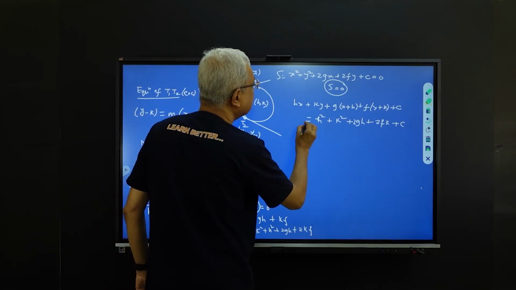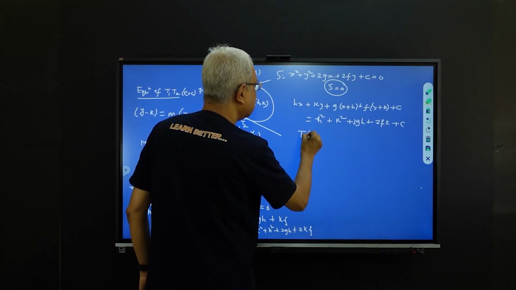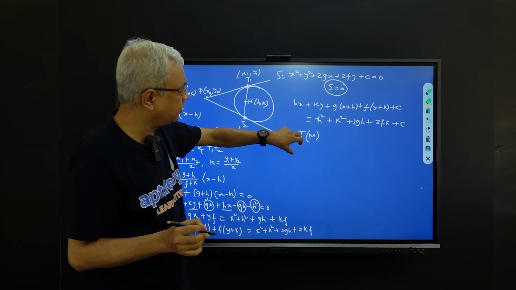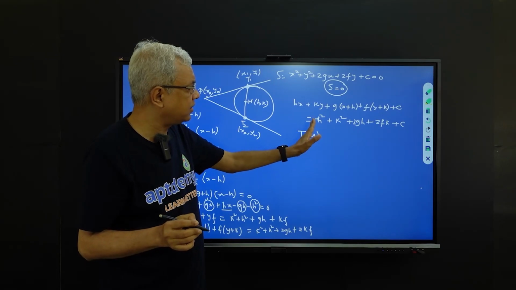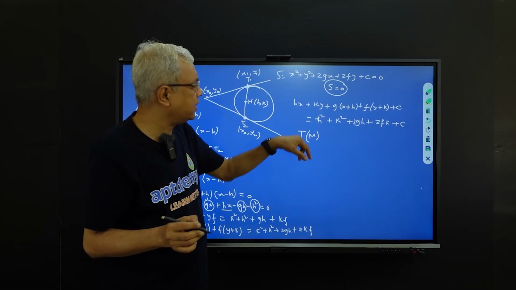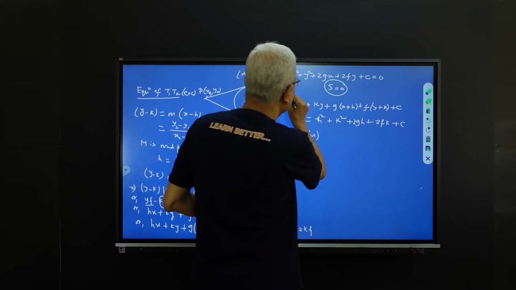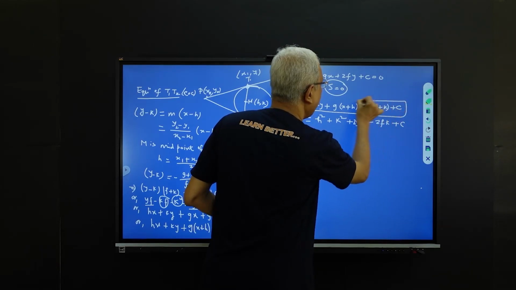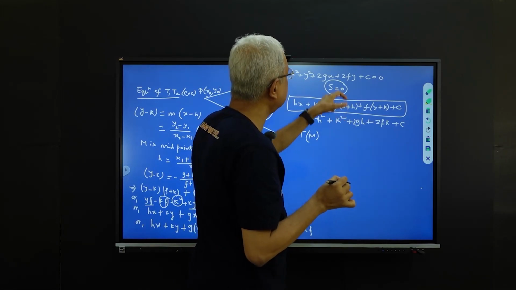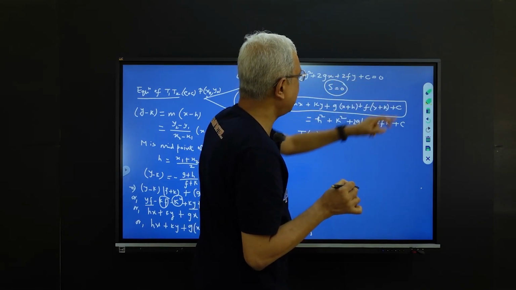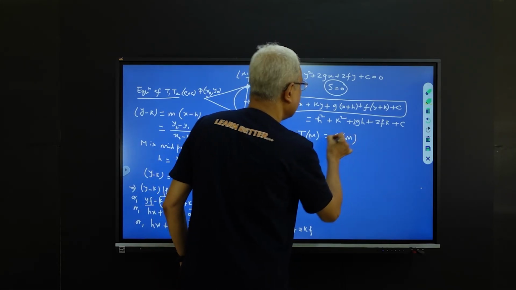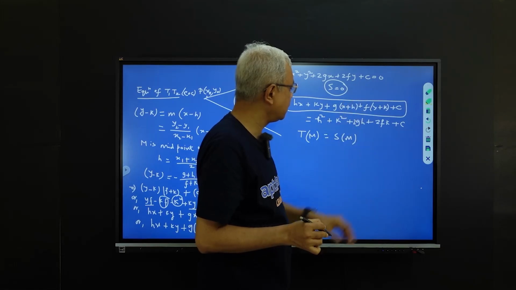So I write this as Tm, as if the form of the equation of the tangent, if it is computed at the point hk, then this will look like this: hx plus ky plus g(x plus h) plus f(y plus k) plus c is equal to, so equation of the circle is S equal to 0.